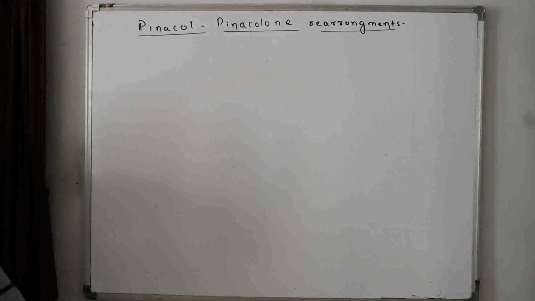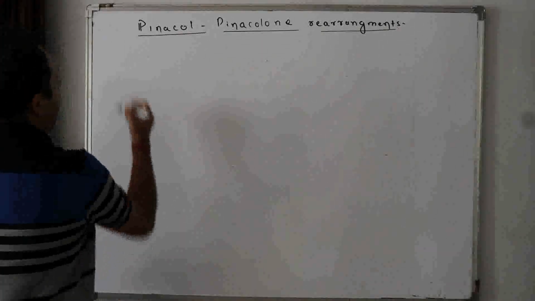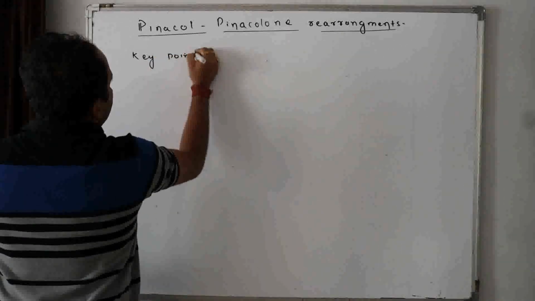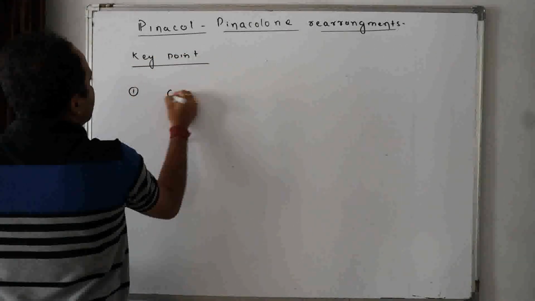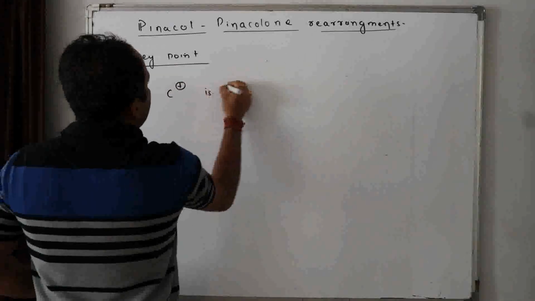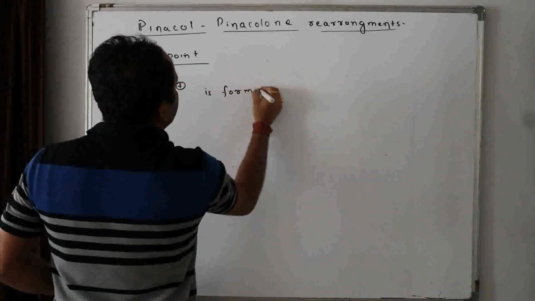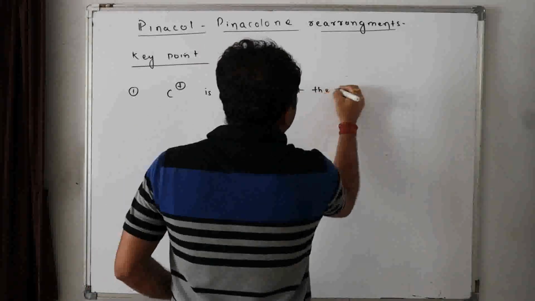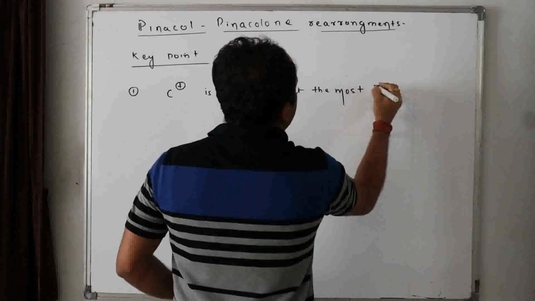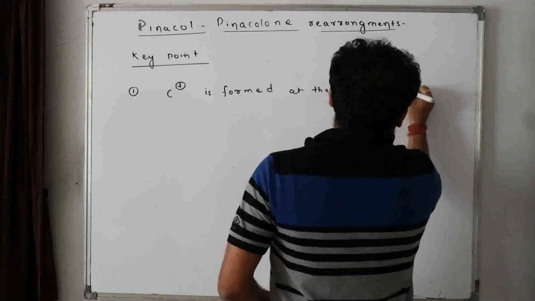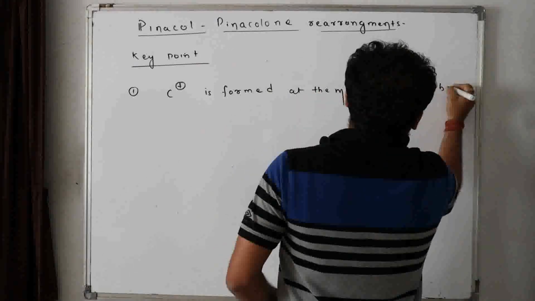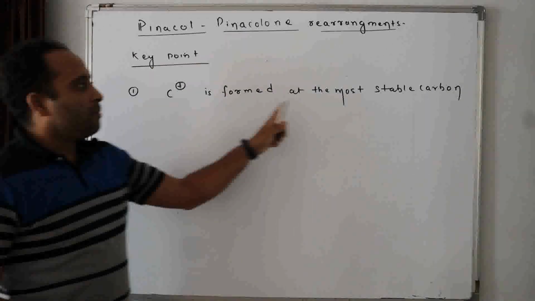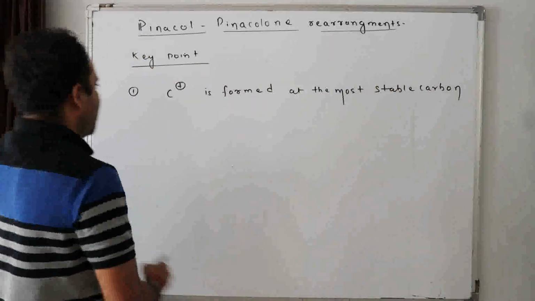The first key point is: the carbocation is formed at the most stable carbon. What did it say? The carbocation is formed at the most stable carbon.